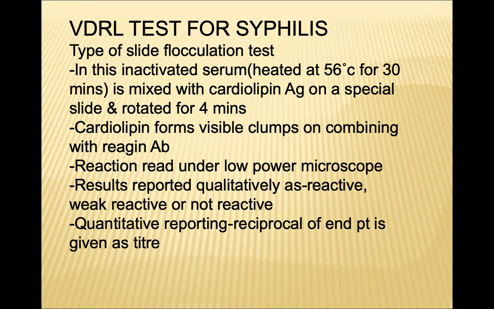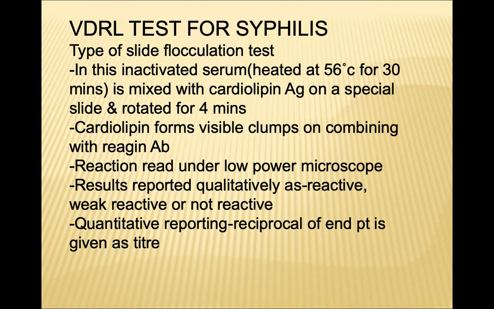This is done to remove the non-specific inhibitors. 50 microliters of the serum sample is taken and 1 drop of VDRL antigen is placed on the VDRL slide, and this slide is placed on a rotator which rotates at 180 RPM for 4 minutes. This is then examined under the low power microscope.